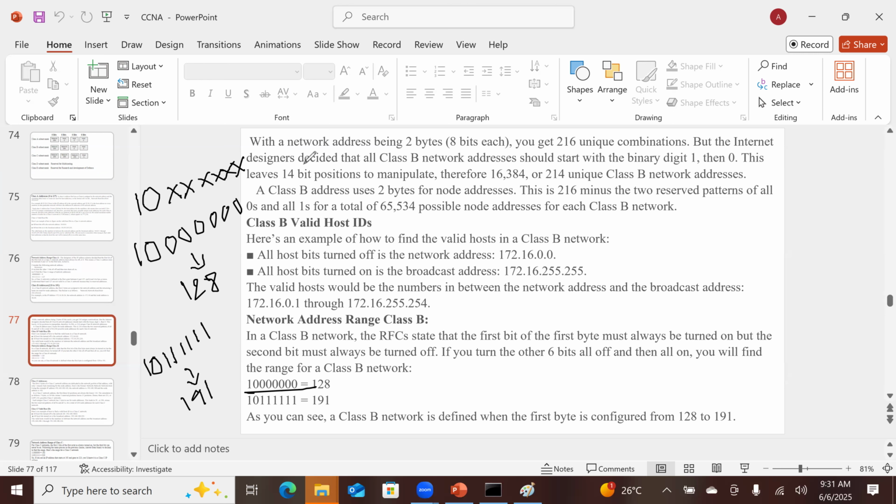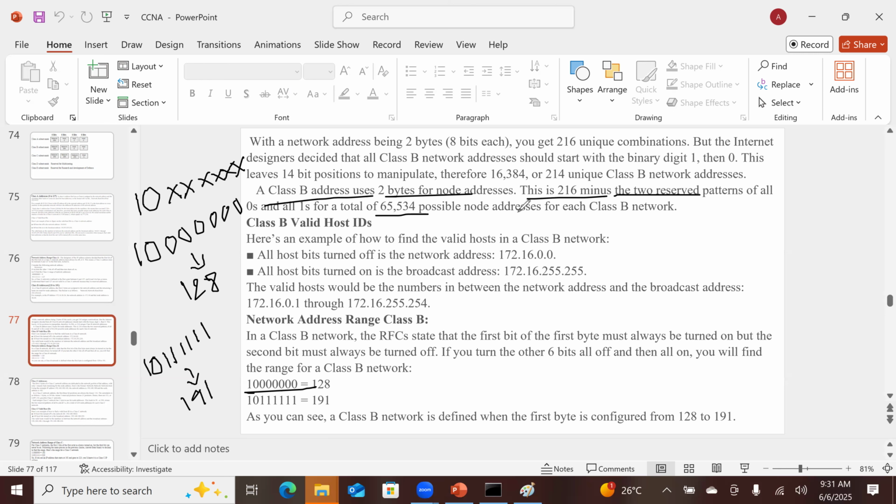So a class B address uses 2 bytes for the node address, which is 2 raised to 16 minus the 2 reserved patterns of all zeros and all ones. That means you will get 65,534 valid node addresses. 65,536 minus 2 is 65,534.